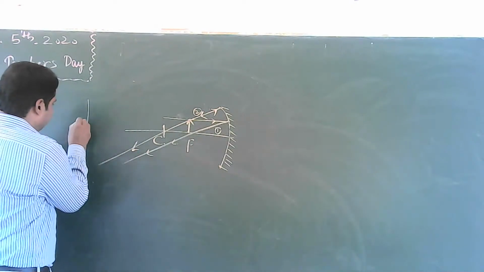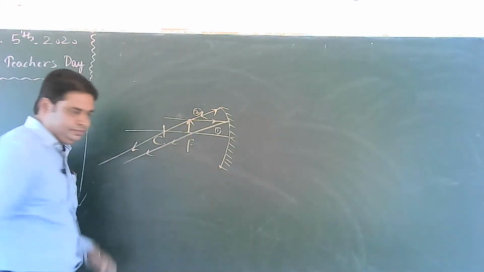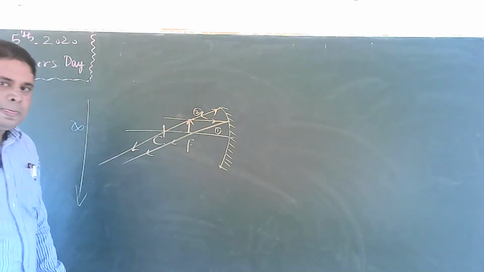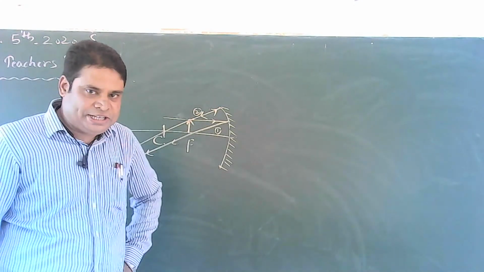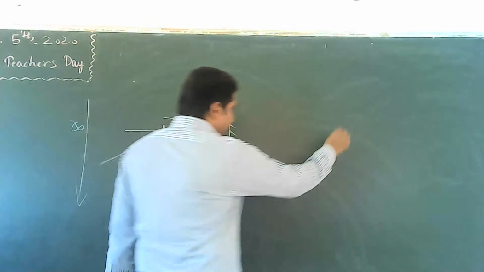Hope you understand. This is at infinity, the object is at F. What happens if the object is placed between P and F?